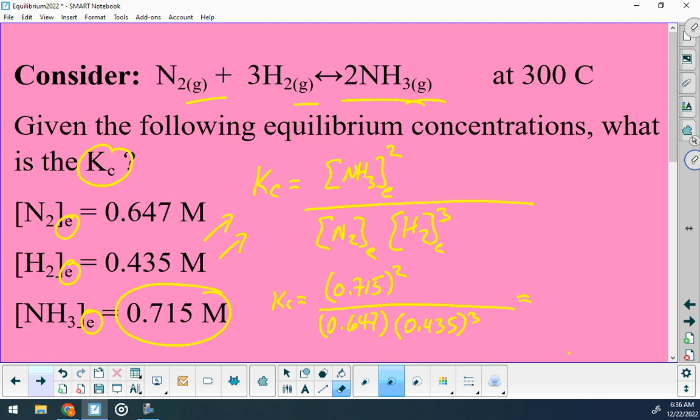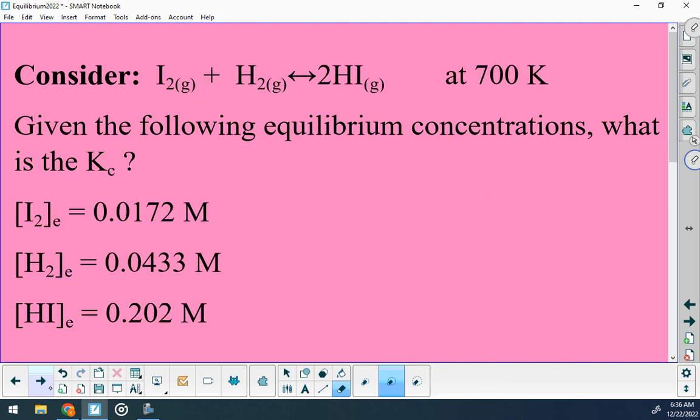And I get 9.599, 9.60. Woohoo! Perfect. All right, that's how easy it is. Good. So if you know how to use your calculator, like apparently I don't, you should be able to do this question. Pause me and bring me back when you're ready.